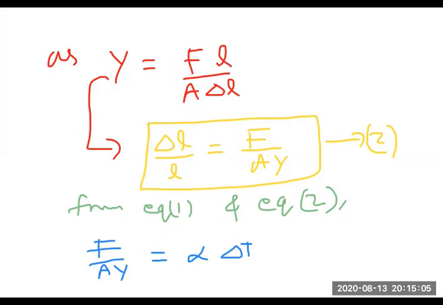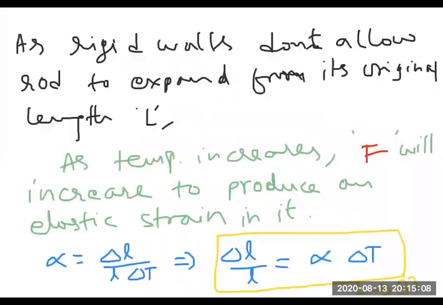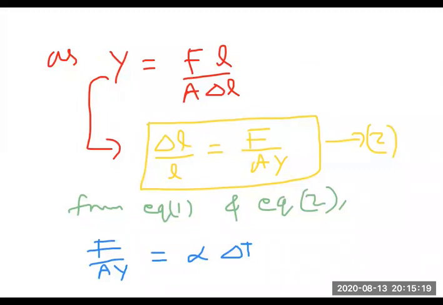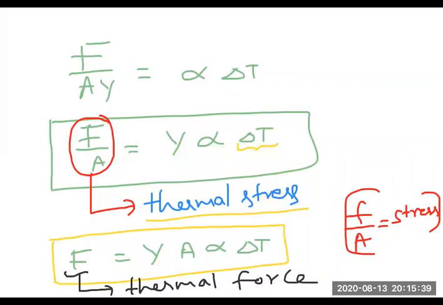In the previous page, if you observe delta L by L, I got alpha delta T. Now, by Young's modulus information, delta L by L is F by AY. So now equating these two equations, because in equation 1 and equation 2 the LHS delta L by L is the same, automatically the RHS values are also the same. With Young's modulus, I got F by AY.